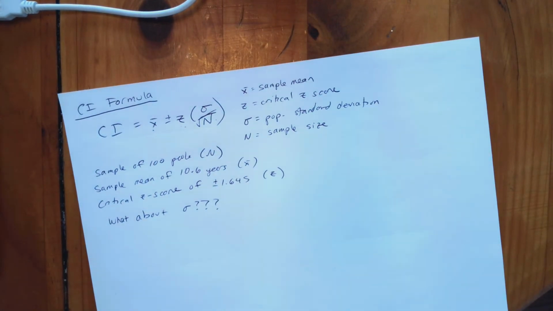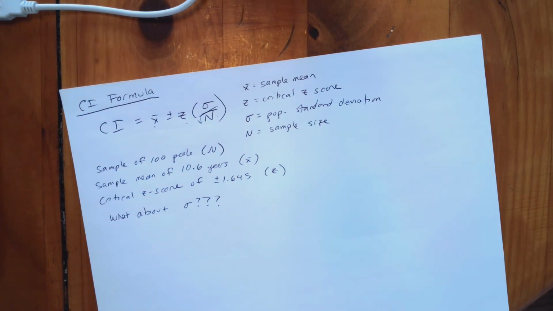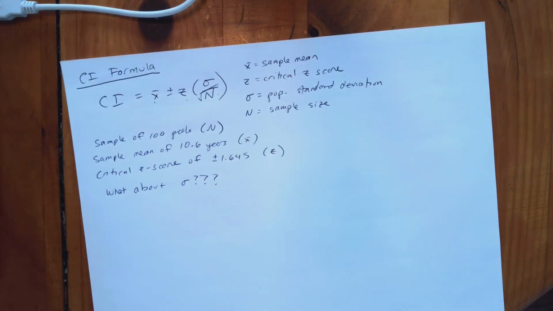Alright, so what the population standard deviation refers to here would be the standard deviation for the variable preferred number of years for a robbery sentence in the United States population as a whole. So you may notice that we have a bit of a conundrum here. We're trying to use this formula to estimate the true mean value, but the formula requires us to know the true standard deviation value. And that's just not that plausible, right?